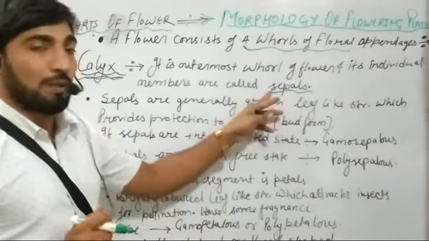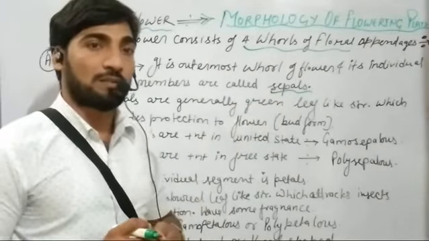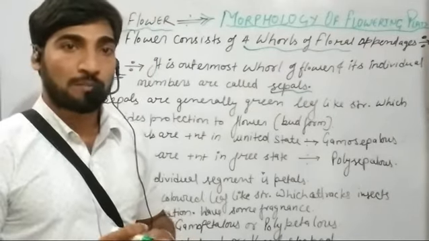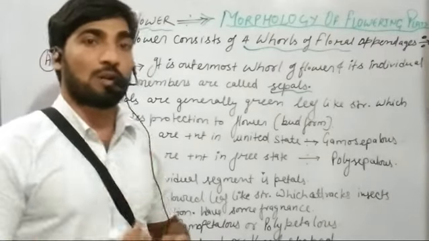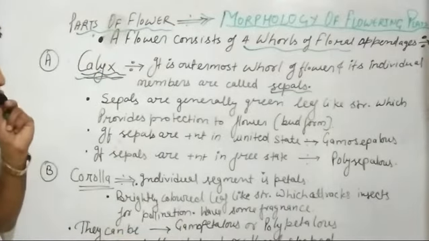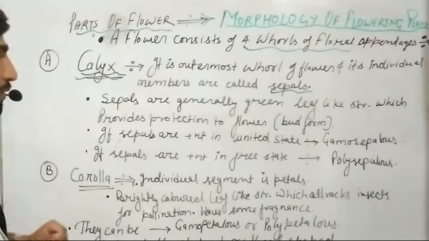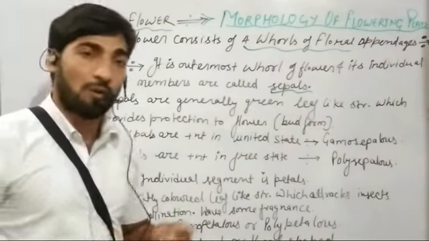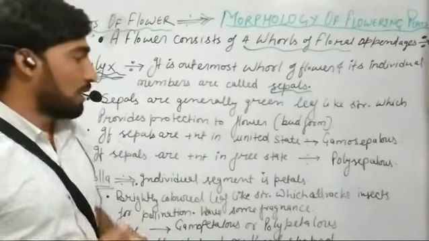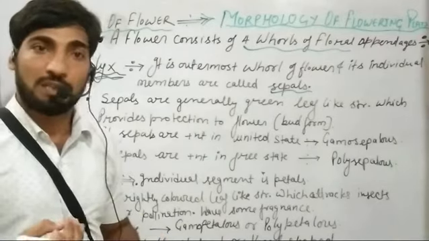Further, these sepals also prevent water loss through transpiration in the form of vapors from the internal organs of the flower. The sepals may be present in fused state or in free state.